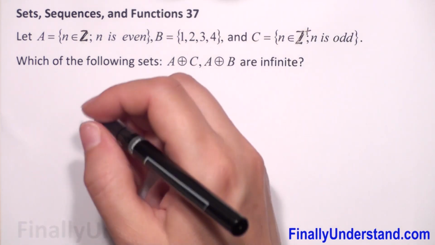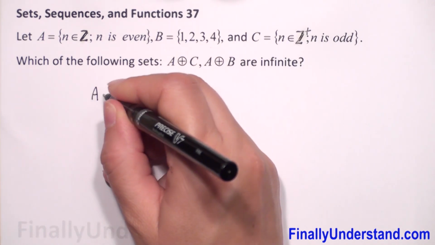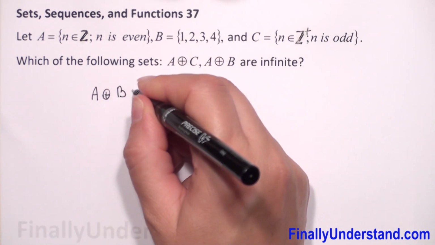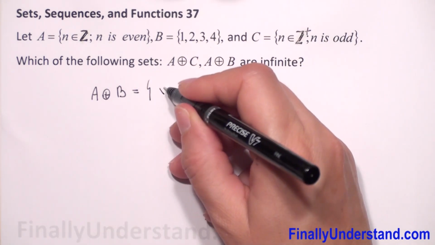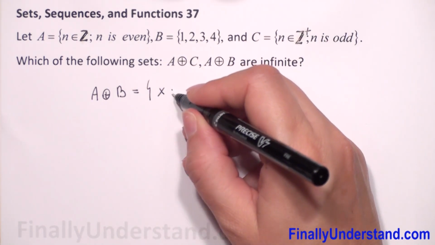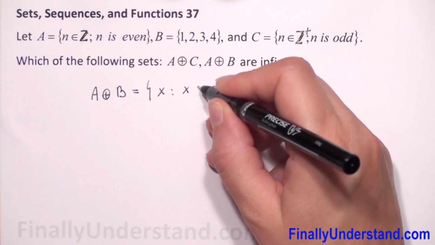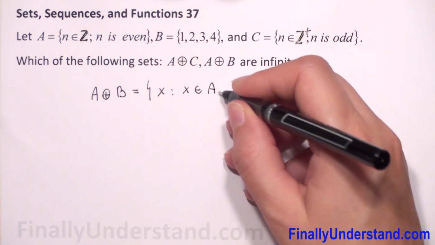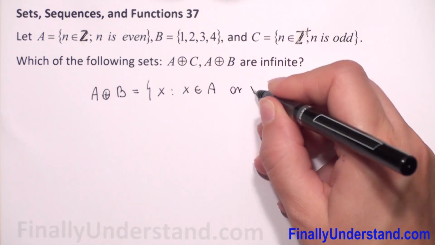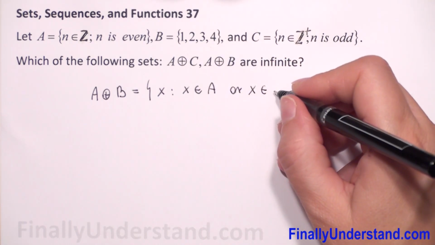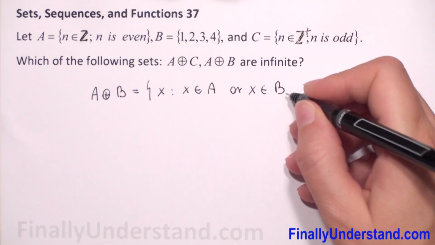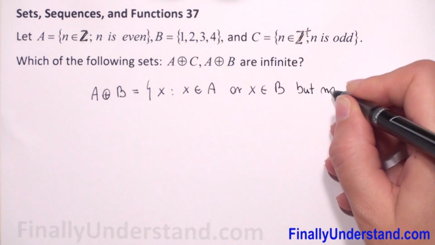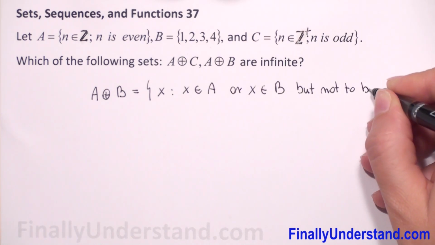So let me write this: the symmetric difference of A and B is all elements such that x belongs to A or x belongs to B but not to both.